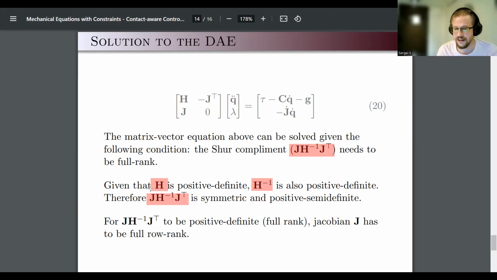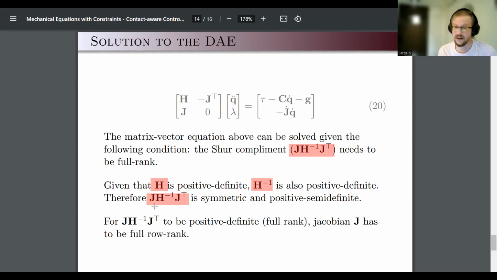So it has fewer rows than it has columns. Wide matrix, okay? As a wide matrix, we cannot prove that it is going to give us a positive definite result here. But if J is full row rank, then it would be positive definite.